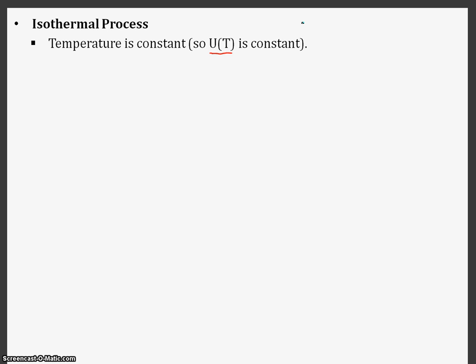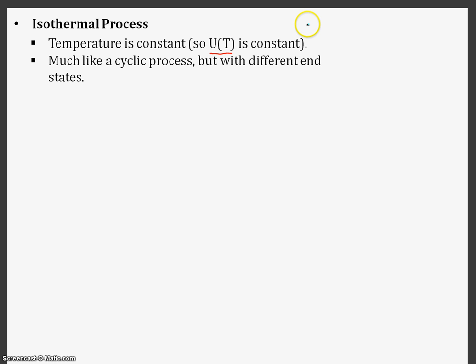Now, the thing is, it's similar to a cyclic process, but you can have the same internal energy in different places along your PV diagram. Because of course, remember, PV is proportional to T, and therefore, if it's the same temperature, you can have different combinations of P and V to give you the same temperature. For example, anywhere along this isotherm.